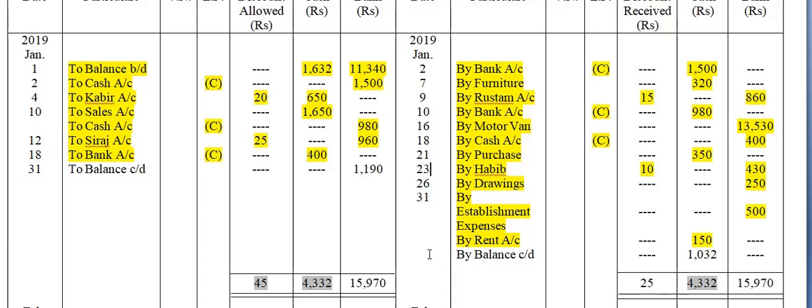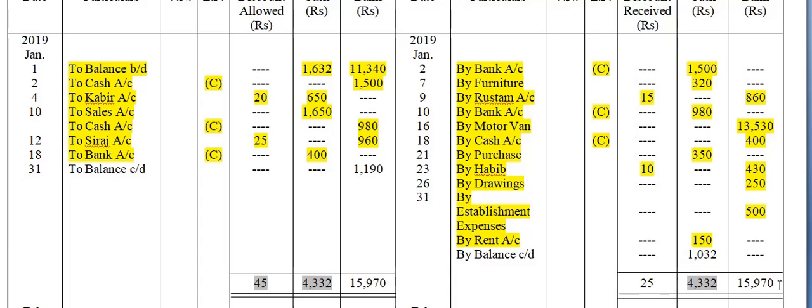If you observe very carefully, obviously the credit side will be more. Whichever side is more, be it the debit side or the credit side, you have to write the total of that particular column only. If the total of the debit side is more, write that total. If the total of the credit side is more, write that total. So in this particular question, the total of the credit side is more, that is 15,970.